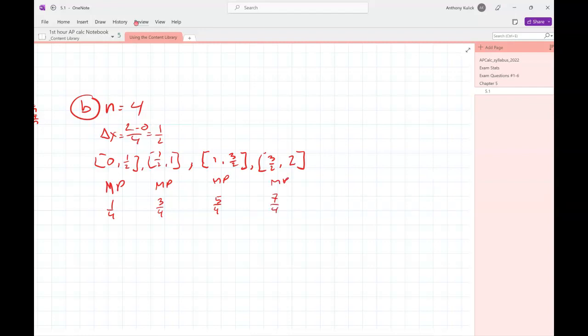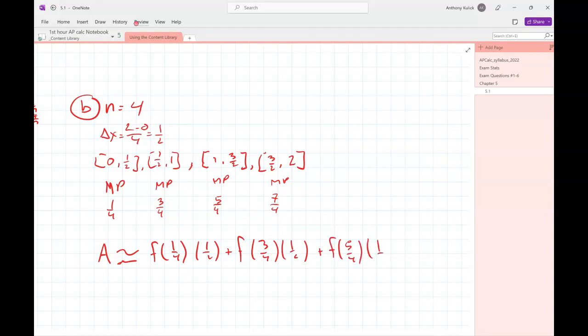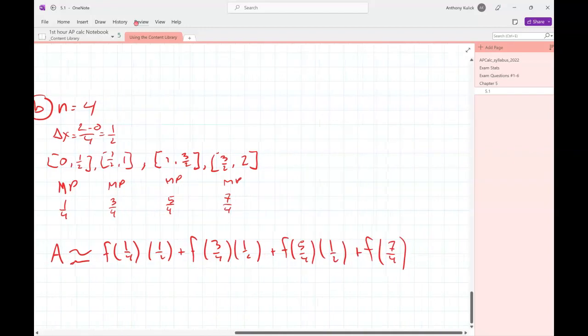Everybody's cool? So my area is going to be approximately f of 1/4 times 1/2 plus f of 3/4 times 1/2 plus f of 5/4 times 1/2 plus f of 7/4 times 1/2.